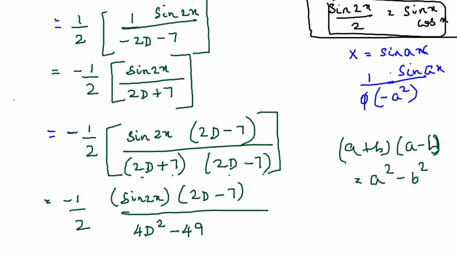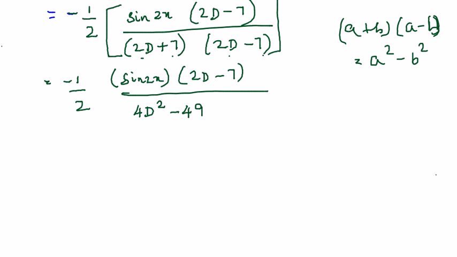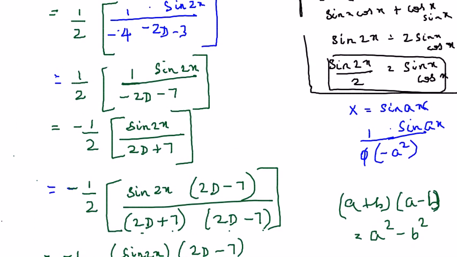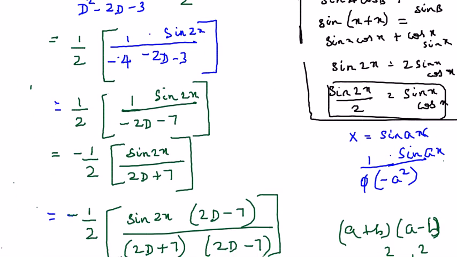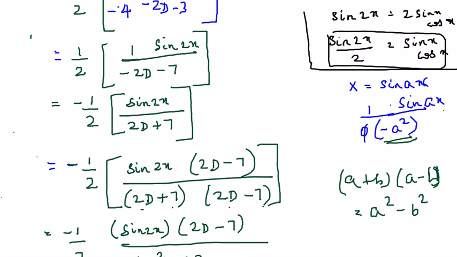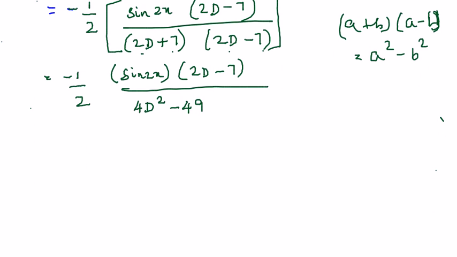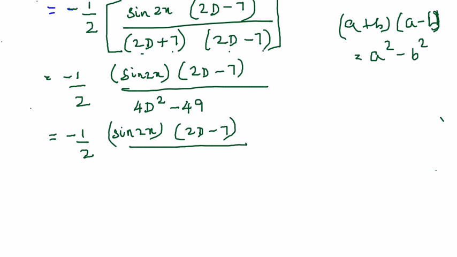7 squared is 49, right? So now hope you remember that wherever we have d squared, we are going to substitute it with minus a squared, right? So here a is 2. So this equation now becomes 1 by 2 into sine 2x into 2d minus 7 divided by, in place of 4 I am going to substitute minus 4.